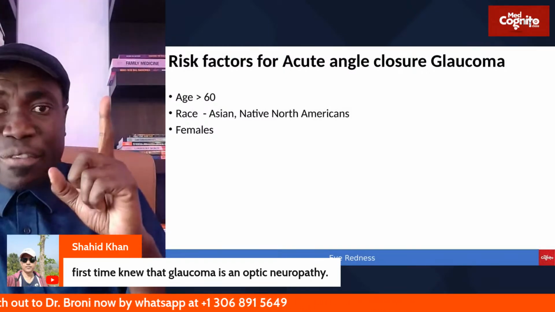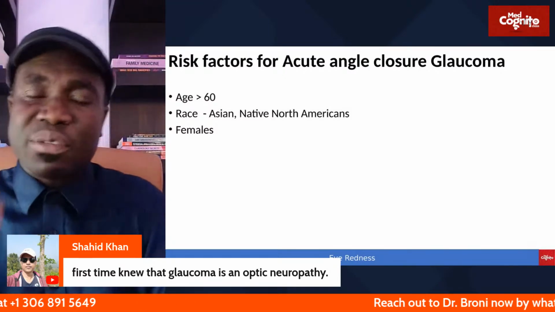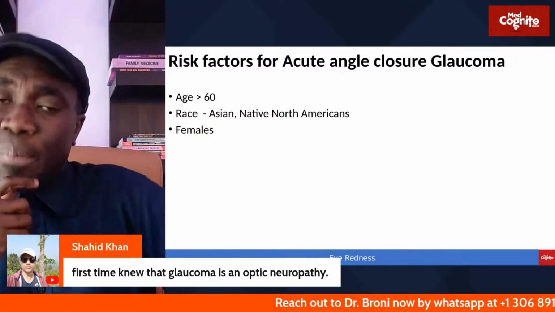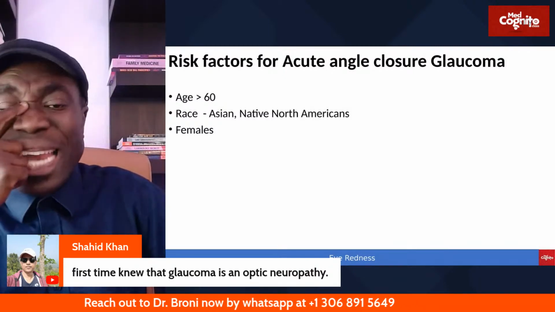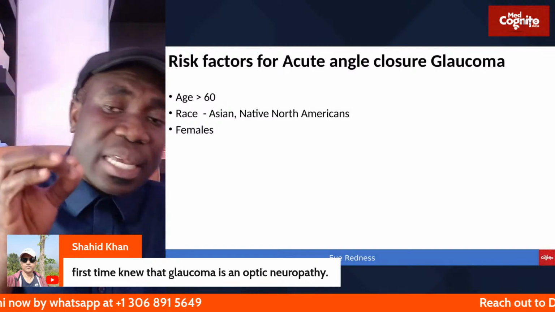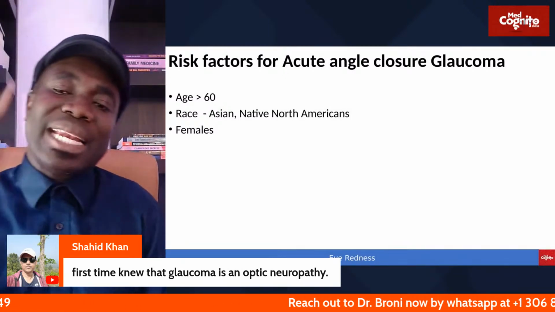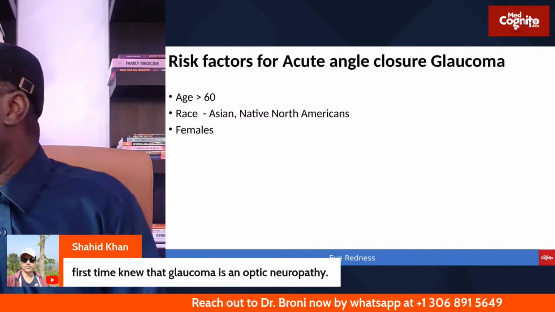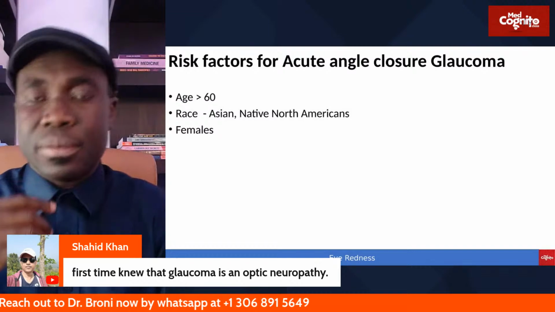So that's the first risk factor: age of more than 60 years. The next risk factor is the race of the patient: an Asian patient or a native North American. And then the third risk factor for acute angle closure glaucoma is female sex.